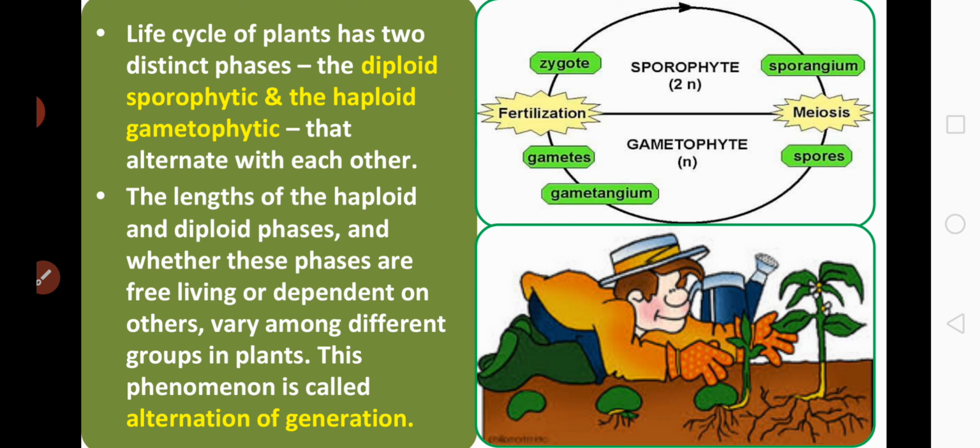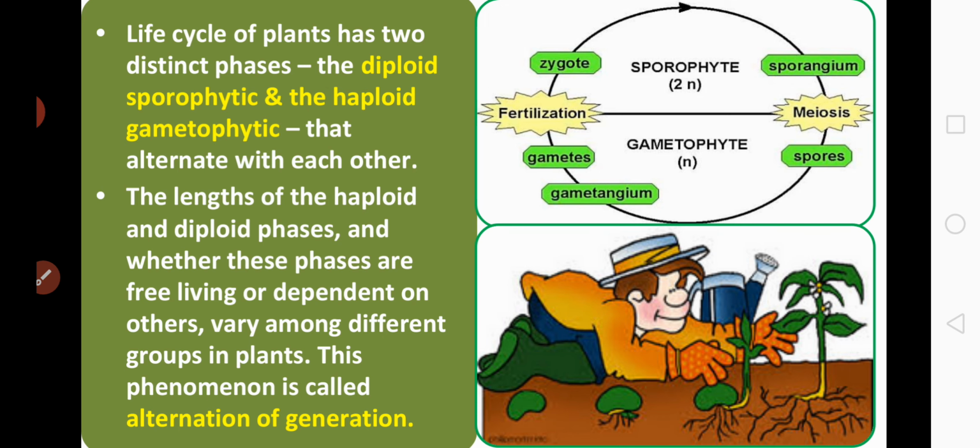Clear? So the life cycle of plants possesses two phases: diploid sporophytic phase and haploid gametophytic phase, which alternate with each other, and the phenomenon is called alternation of generation. Is that clear? So this is about the characters of kingdom Plantae.